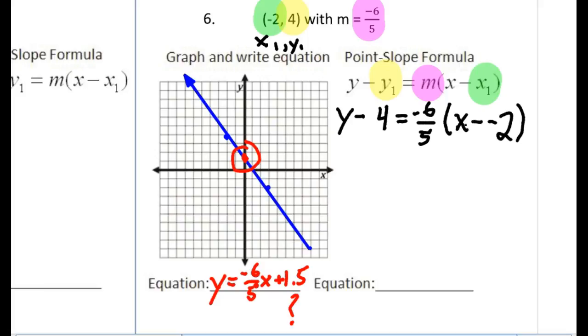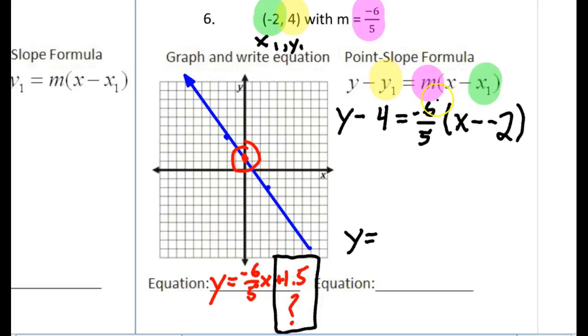You got to have both of them there. And the goal now is to solve this. We're trying to get y equals, so we're going to solve this so there's no parentheses and this -4 is not there anymore. And it should match or come very close to this, only the y-intercept is going to be an exact fraction. So we get the exact number.